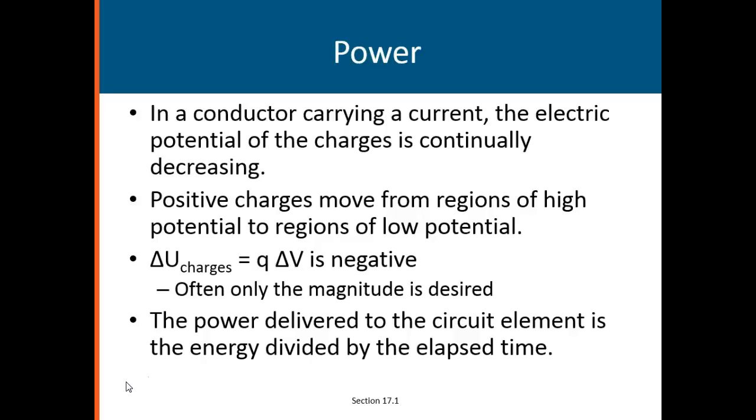Often only the magnitude is desired. In reality, direction really doesn't matter here anyway. These are not vector quantities, so the only thing we care about is magnitude. The power delivered to the circuit element is the energy divided by the elapsed time.